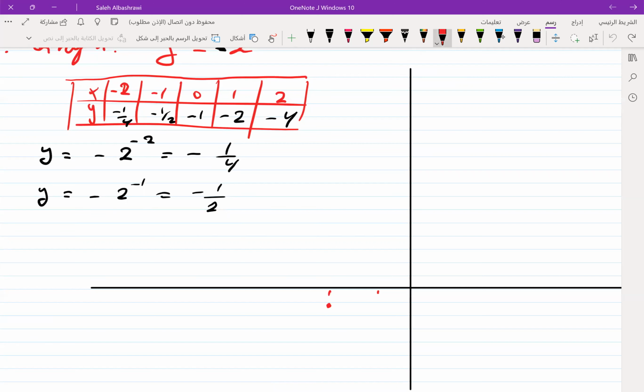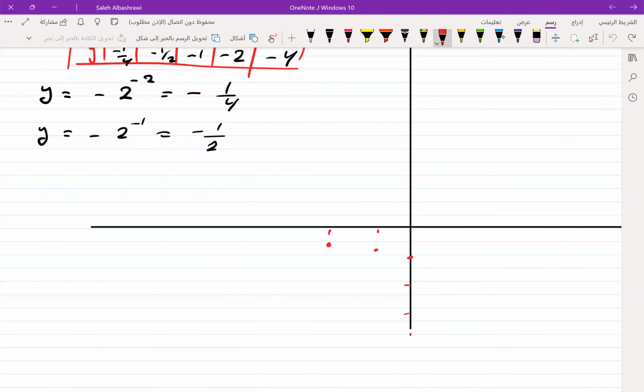Second one will be minus 1 and minus 1/2. Third will be 0 and minus 1. Then 1 and minus 2, and 2 and minus 4. So the graph for this one will be like this. This is the function y equal minus 2 to power x.